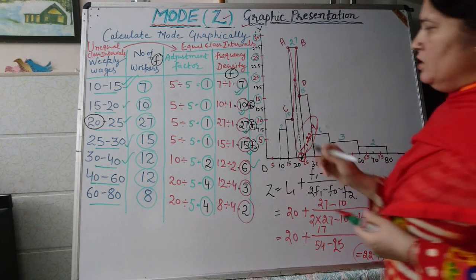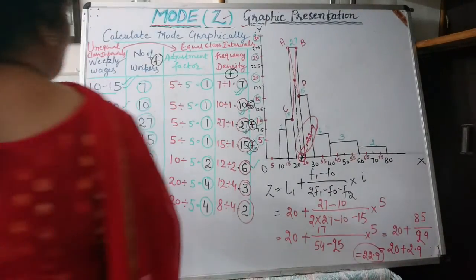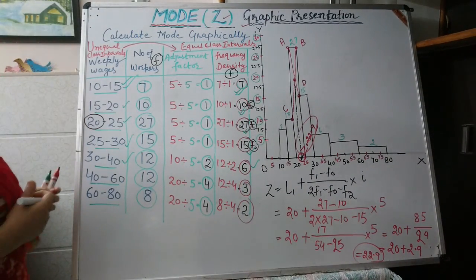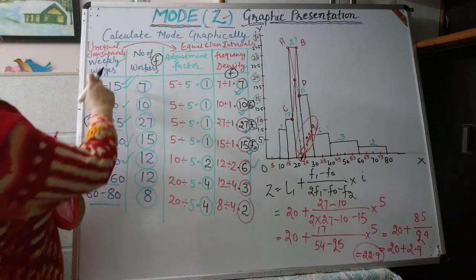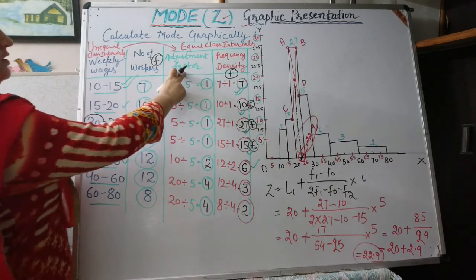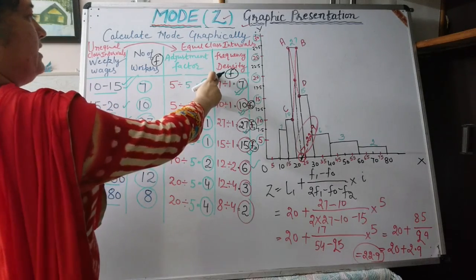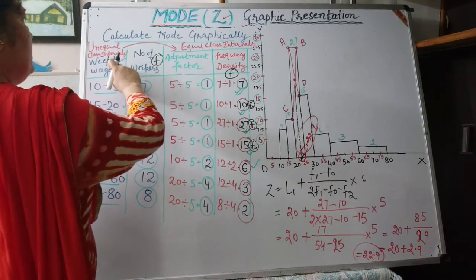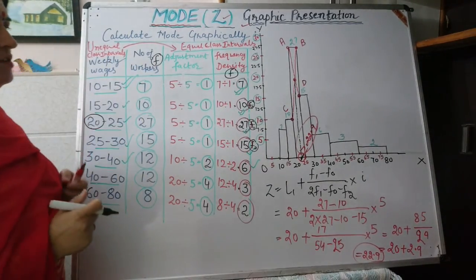So in this way we can calculate mode graphically. First of all, adjust the unequal class intervals by the adjustment factor or by frequency density. We can convert unequal class intervals into equal class intervals.